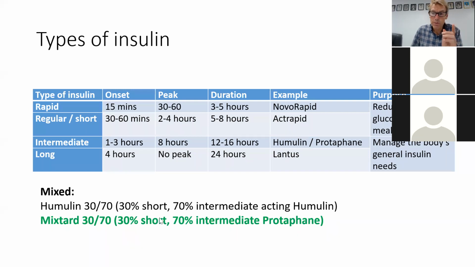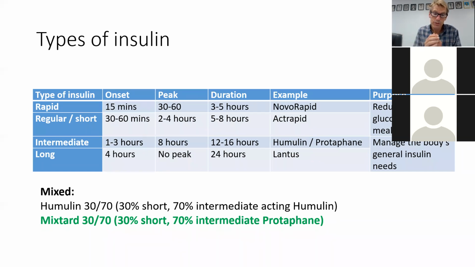Remember that 1 unit of insulin of any sort is the same. All right. So when we talk about units of insulin, if a child needs 20 units of insulin per day, then it doesn't matter what sort of insulin they receive, they'll still need 20 units of insulin per day. The type of insulin that you choose dictates the duration for which it acts, not the strength of the insulin.